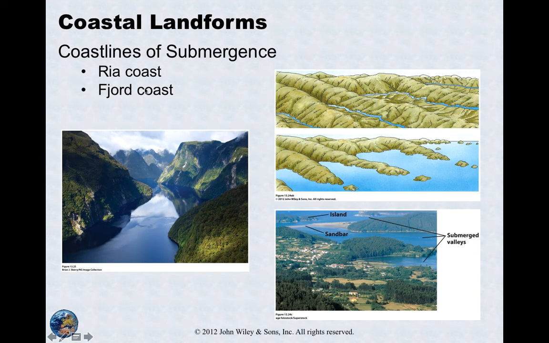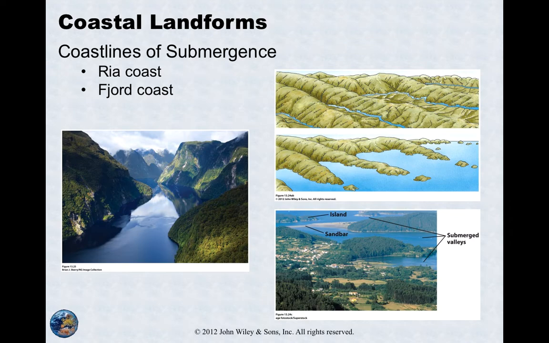Okay, a Ria coast, Ria River, is when you have a river channel that has an outlet that comes right into the ocean. But unlike New Orleans, where we talked about the other day, New Orleans is built on a delta, so you have all this sediment that's been built up as it's been transported and deposited by the Mississippi River.